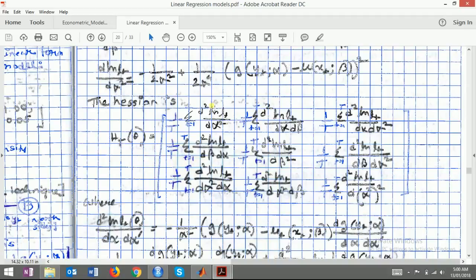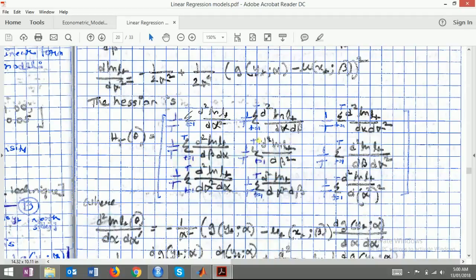By rows down it is just d by d alpha of log LT being multiplied to everyone. Then here also the same, d by d alpha of log LT multiplied to d by d beta, and d by d alpha of log LT multiplied to d by d sigma square.